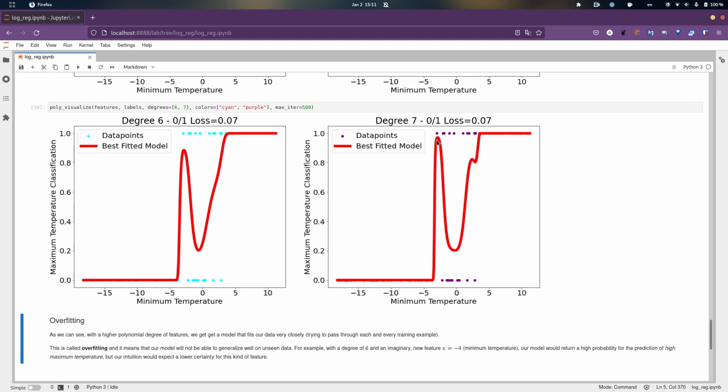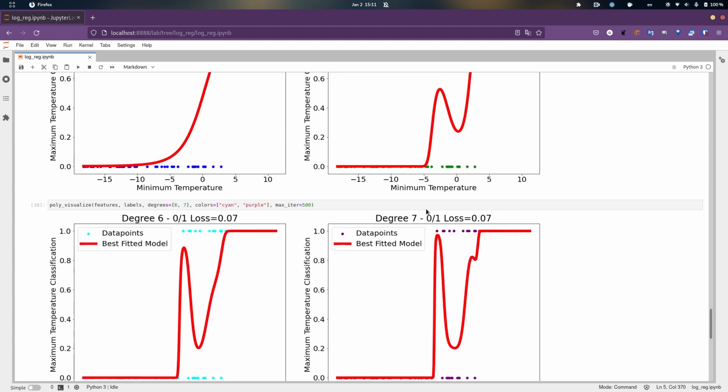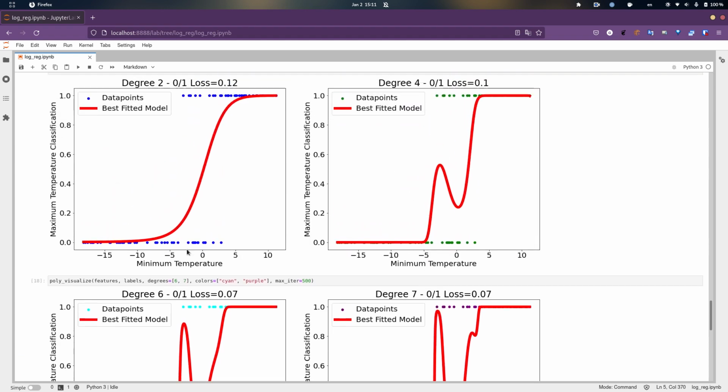So the model tries to fit that, and it doesn't really care about its neighbors, because, for example, if the minimum temperature is -4, then now the prediction is going to be almost certain that there is going to be a high maximum temperature, but this is not really a good prediction, because most of its neighbors of minimum temperature -4 are actually, as you can see here, low degrees.